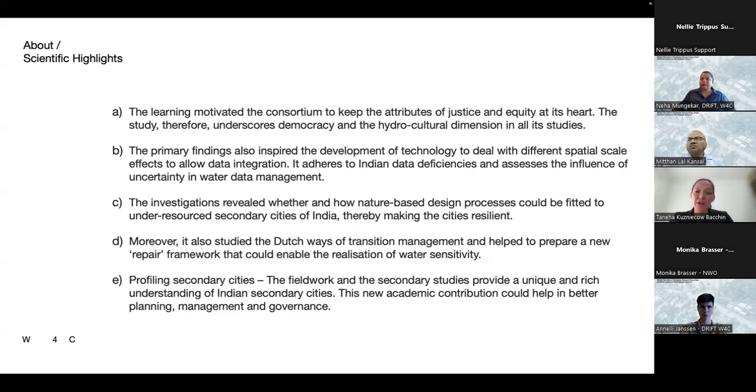We also studied Dutch ways of transition management that help to prepare a new repair framework that could enable the realization of water sensitivity. So it's not just about transitioning to a full new state, but actually about repairing qualities which were lost along the way, along the time.